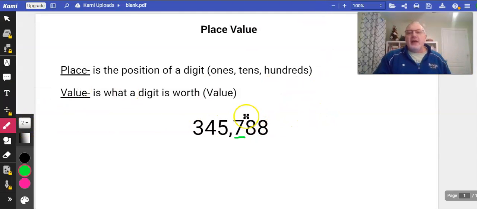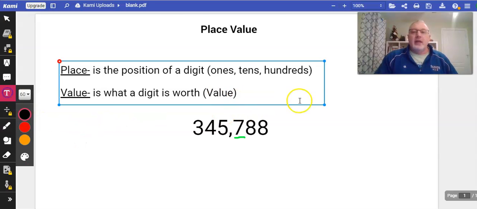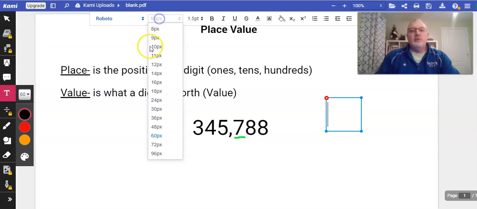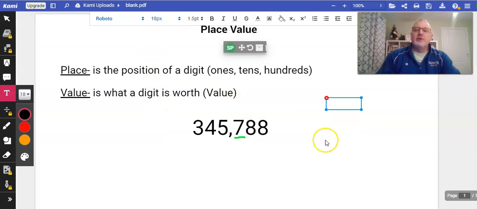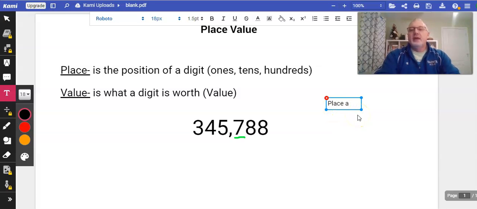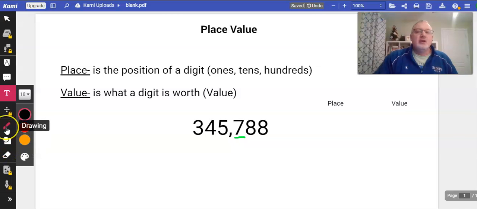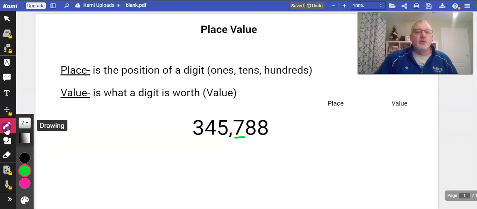If we do that, we look at the 7 here, and the place of that 7 is, well, we have to count over our places. So let me get our place, and I'm going to slide over a little farther and put value so that we can see what is going on. So we have place and we have value.